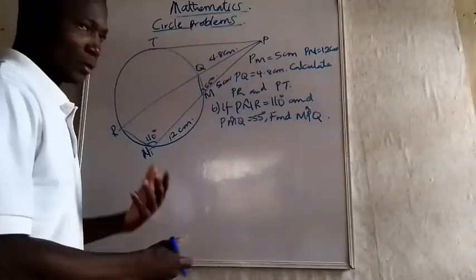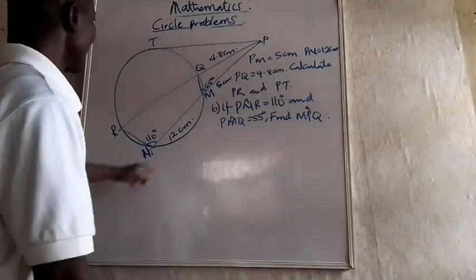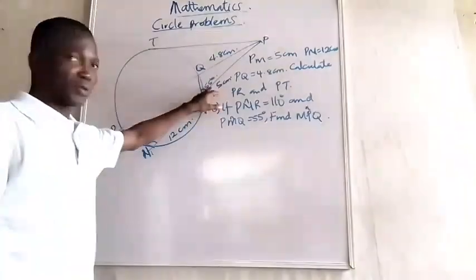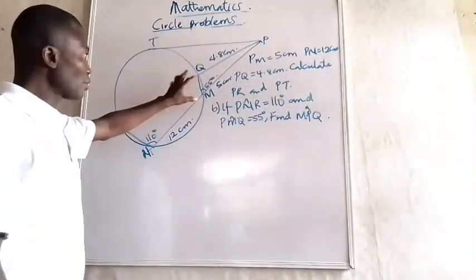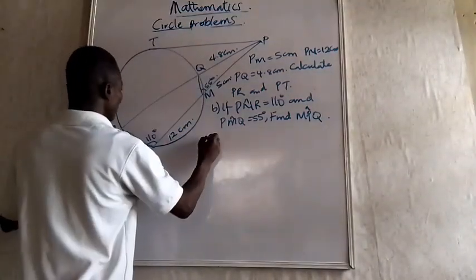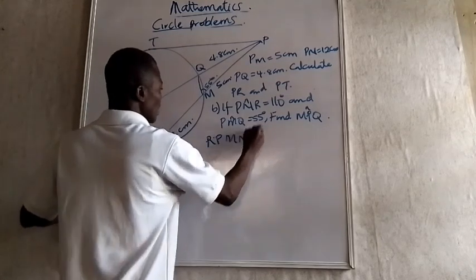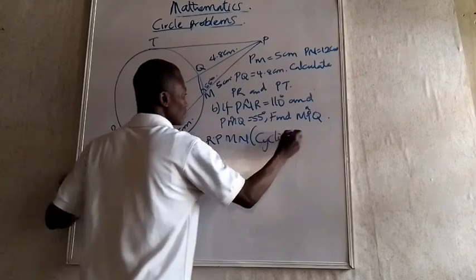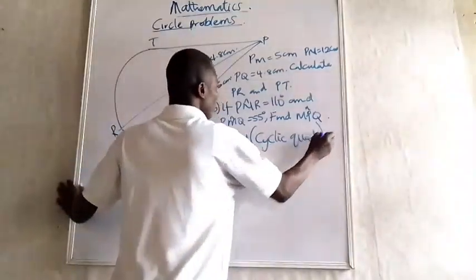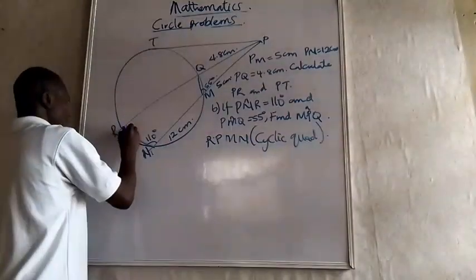Now, you know, from our theorem, we have realized that this angle here will be equal to 55 degrees, the exterior angle of cyclic quadrilateral. If you look at it, RPMN is a cyclic quadrilateral. So that is where you start from. So automatically, this angle is equal to this angle here, 55.